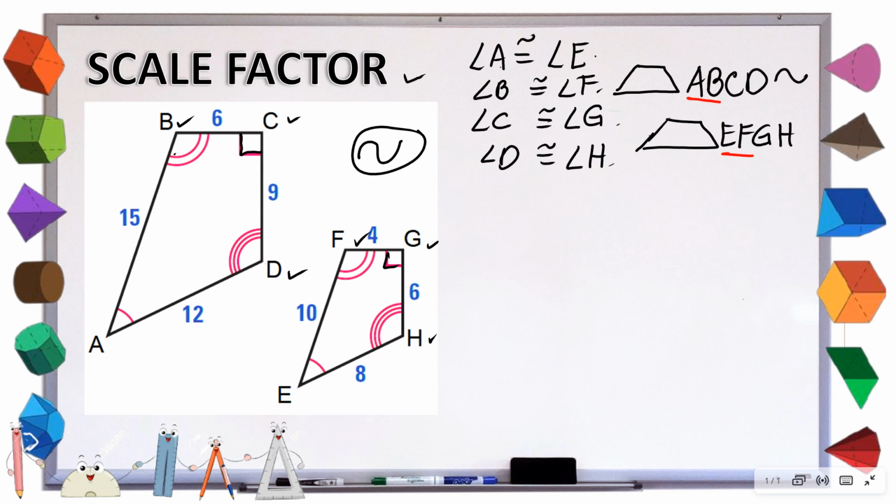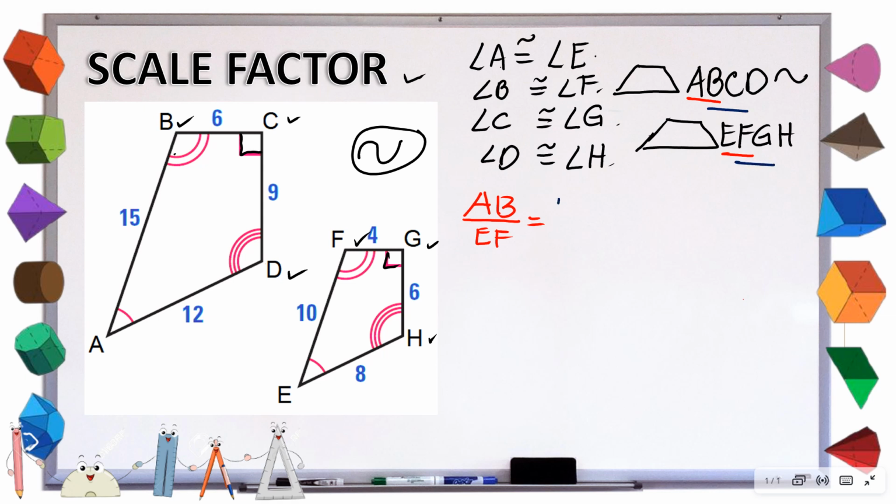So, kung ano yung katapat niya din po sa bawat side ng kabilang polygon. So, we have AB, we use a ratio over EF. So, yun yung magkatapat. Next is equal to another ratio we have, let's use blue, BC and FG.